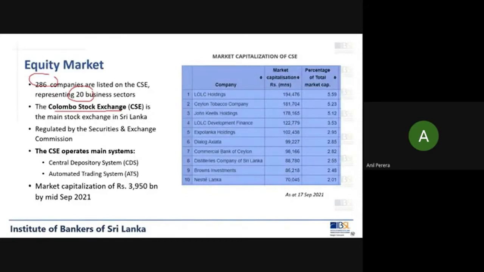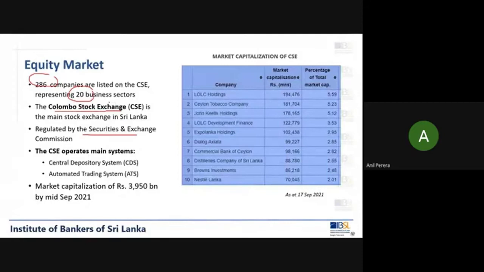So the main exchange is located in Colombo. This is regulated by the Securities and Exchange Commission. That is the regulatory arm. Like the central bank regulating the banks, the Securities and Exchange Commission is regulating the Colombo Stock Exchange.